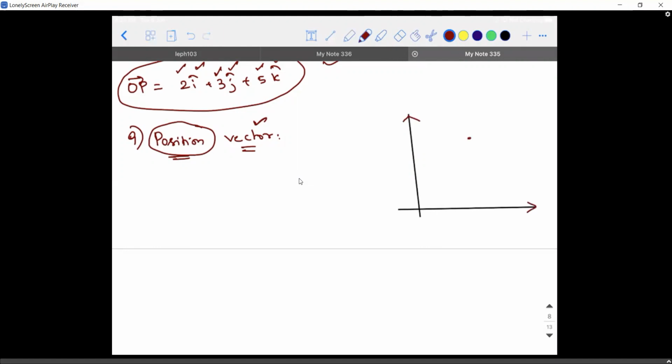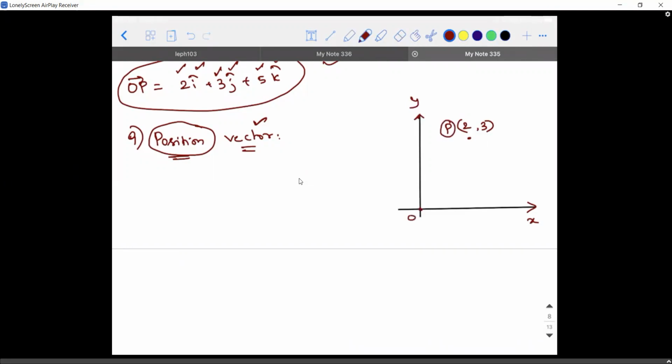So let me take the same example, 2, 3. If I have to speak about the position of this object, I am trying to speak about the position of the object with reference to which point? What is the reference point I'm taking? Origin. So if I take the origin as the reference point, with respect to the origin, I'm concerned about where this point P is.